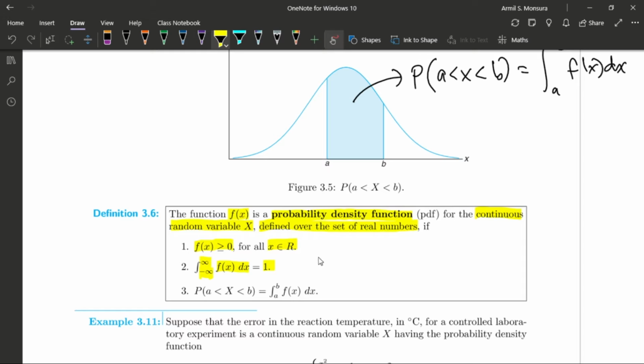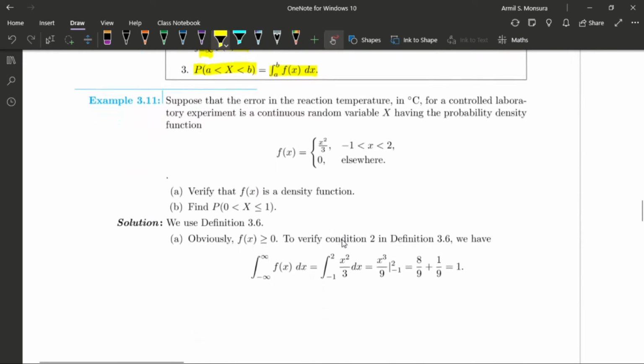This is the area under the curve of f of x for the entire range of x, and it should be equal to 1. And finally, the probability that x assumes a value greater than a and less than b is the area under f of x, which is found by this definite integral. So those are our definitions.